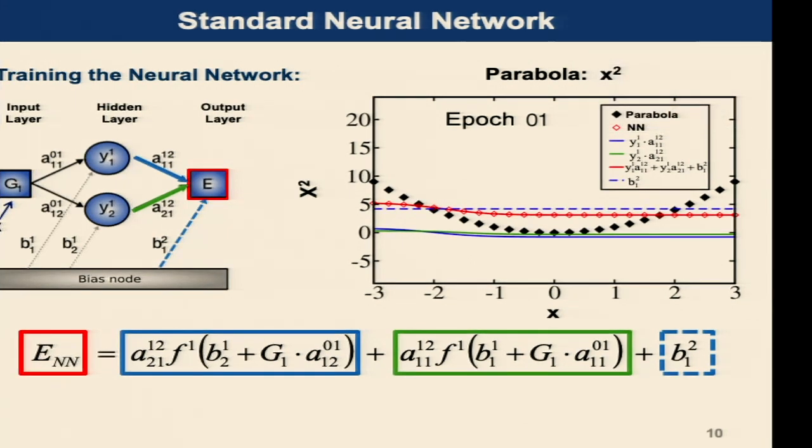In this case, I show a very simple parabola, where we have x as the x-axis and y is x squared. Here we have the black diamonds as the reference of the parabola. And then we have a neural network as the red line here.